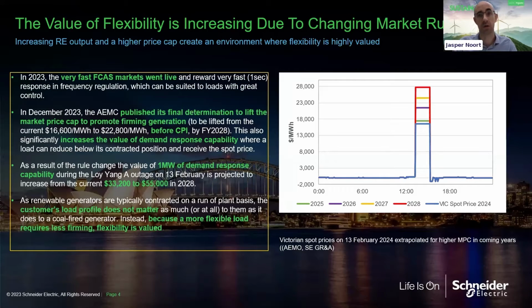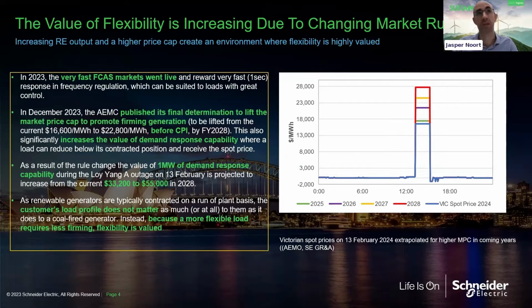So loads that are quite able to change rapidly or quite easily controlled can therefore be rewarded for the faster response that they can provide compared to a more traditional generator. Obviously, they'll have to compete with batteries, but that's a key driver for value in the FCAS market.